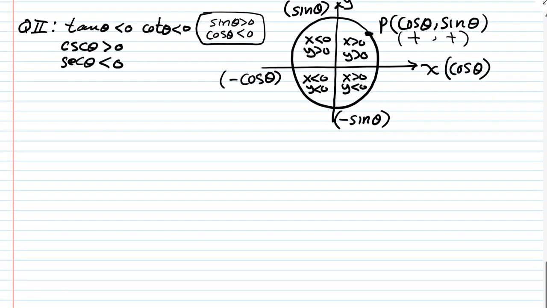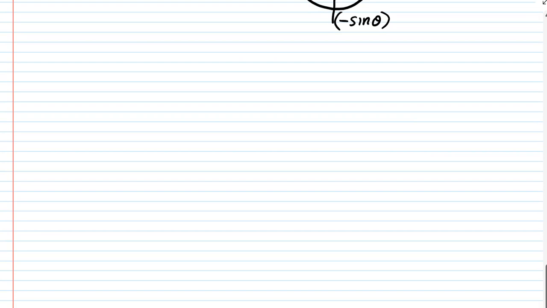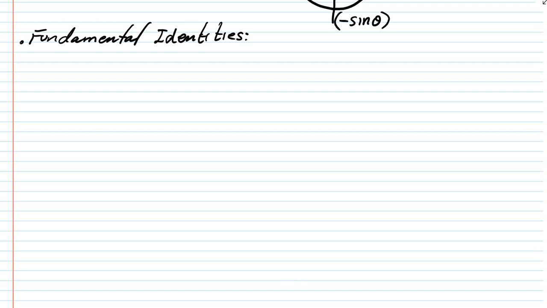Now, let's move on to our fundamental identities. I already mentioned some of them just a few minutes ago, like cotan the reciprocal of tan, secant the reciprocal of cosine, and so on. Let's talk about them. First, cosecant. Cosecant is 1 over y, so that's going to be 1 over sine.